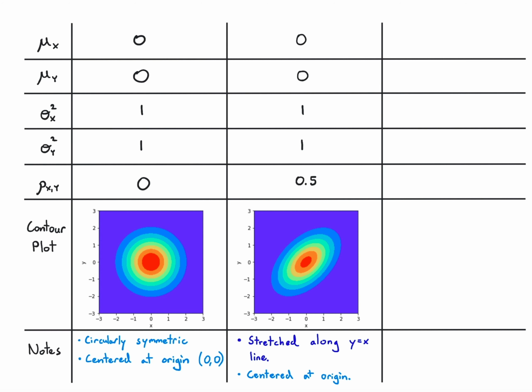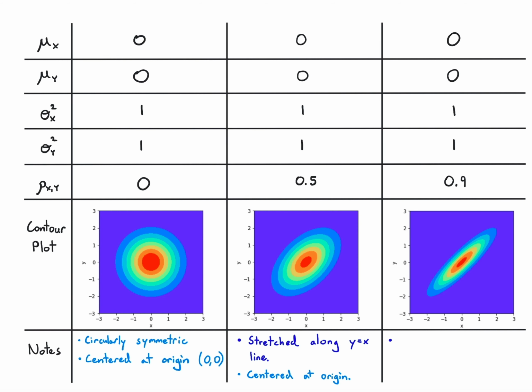This first circle is not well approximated by the line y equals x, because I could have picked any line, y equals minus x. All of those lines would have the same effect, whereas here the line y equals x is actually a very good fit. And I can make it better by making rho xy higher, so let's say 0.9, and I can see this starts to resemble a line more and more. So it's stretched even more along the y equals x line.